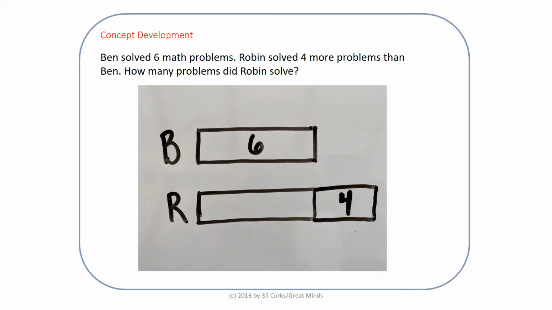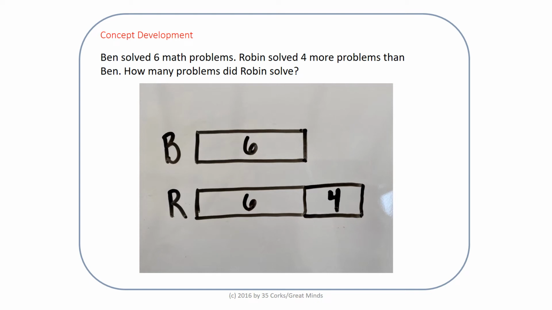Where else can I write in the 6? We can write the 6 in the first part of Robin's tape. It's the same size as Ben's tape, so it makes sense to put 6 there too.